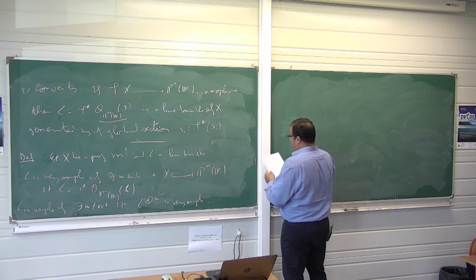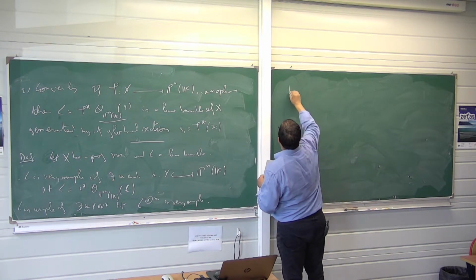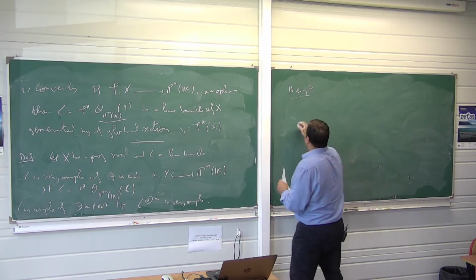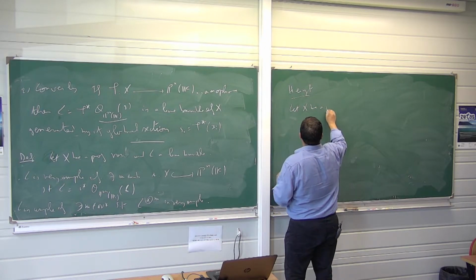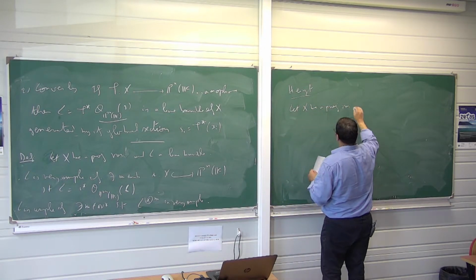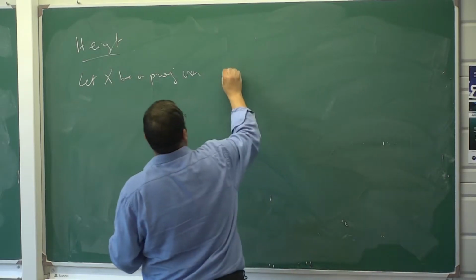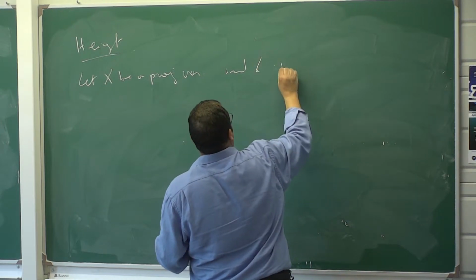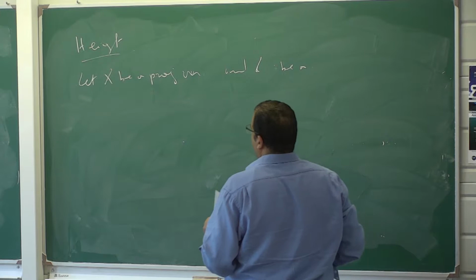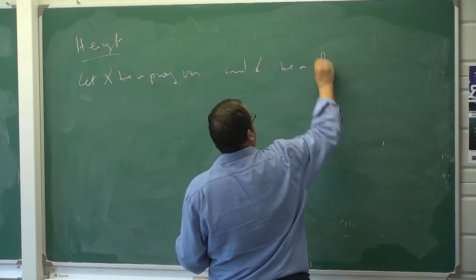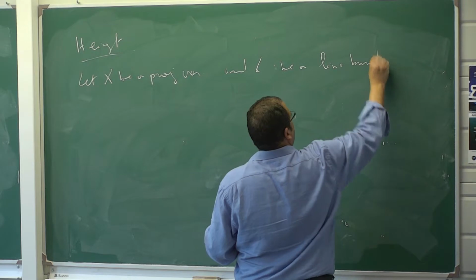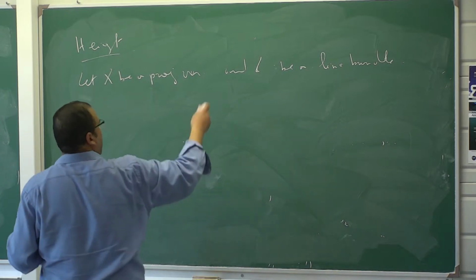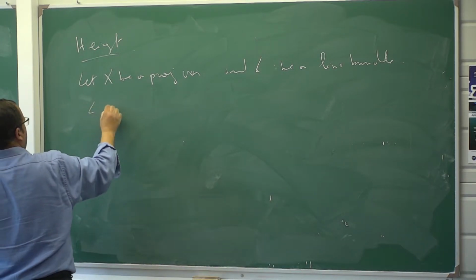So now height. Let X be a projective variety and L a line bundle. For simplicity, I assume here that L is very ample.